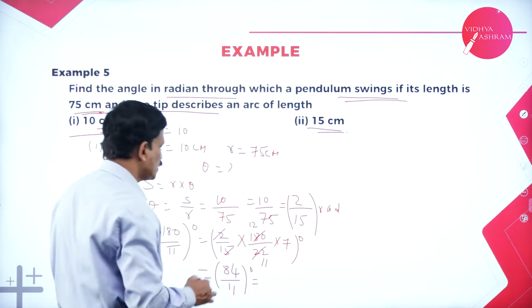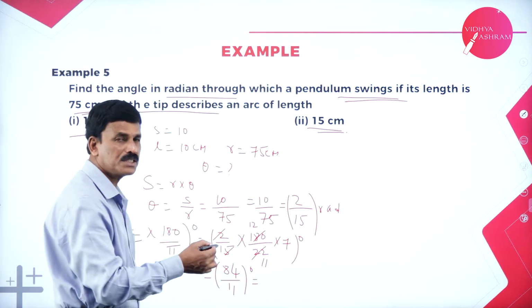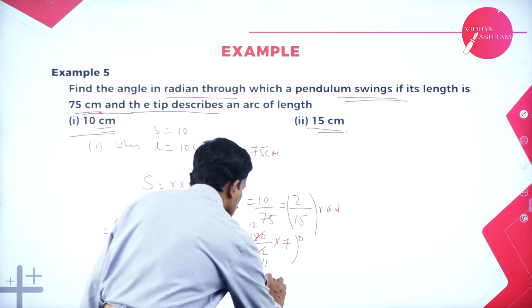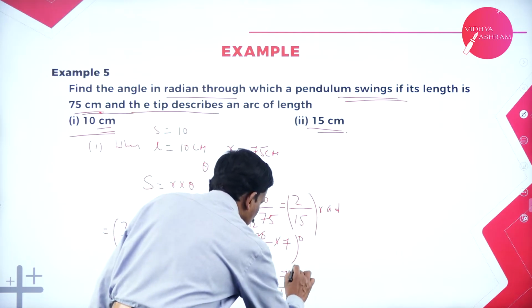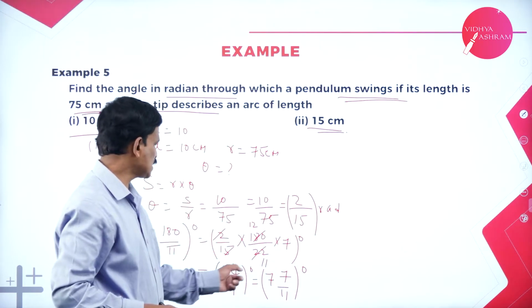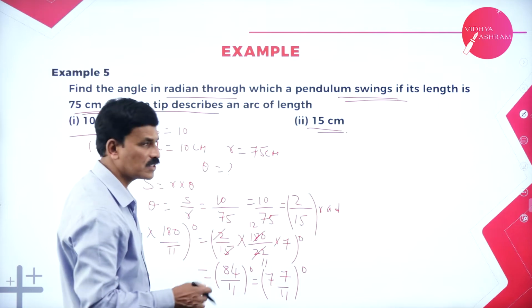If you divide 84 by 11, you get 7.6 something. This can also be written as 7 and 7 by 11 degrees, since 11 7s are 77 plus 7 is 84. So 7 and 7 by 11 degrees is the first answer.